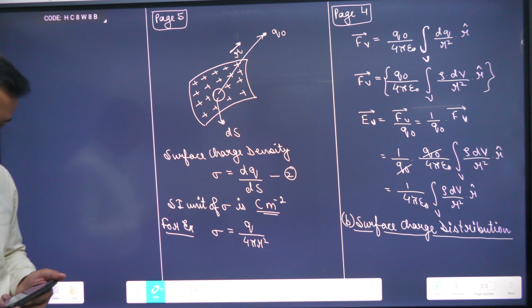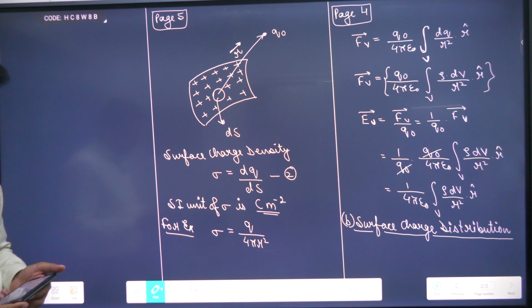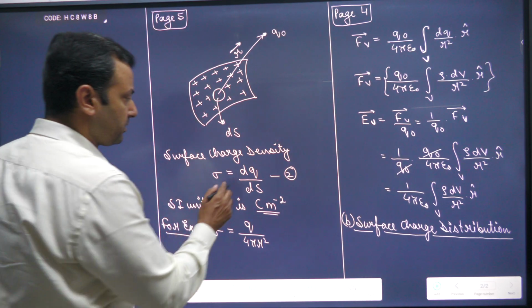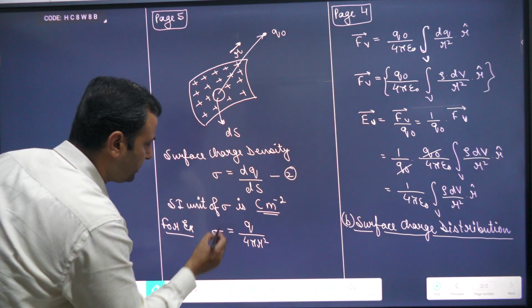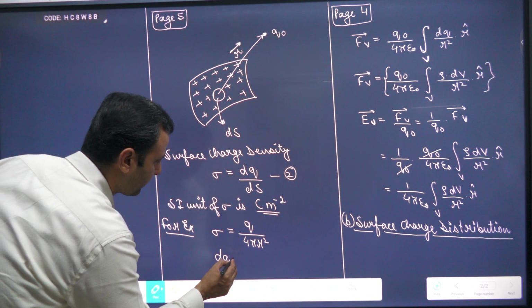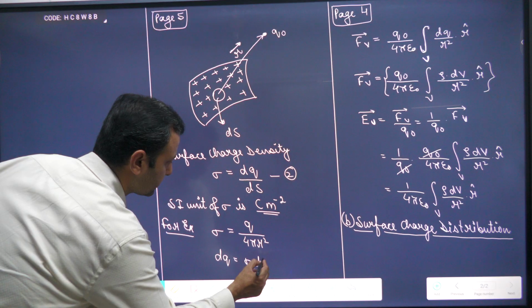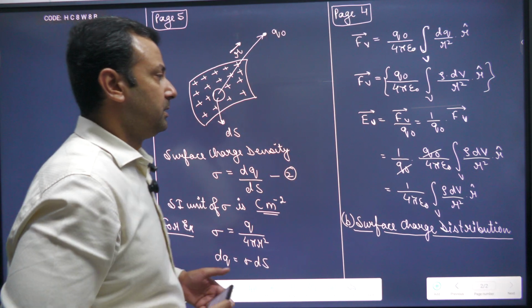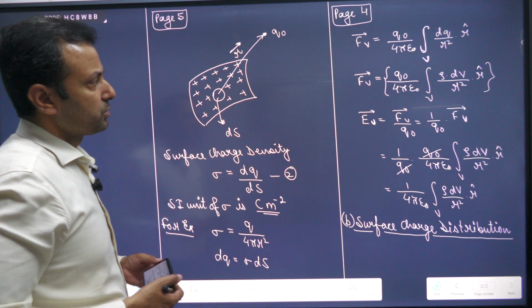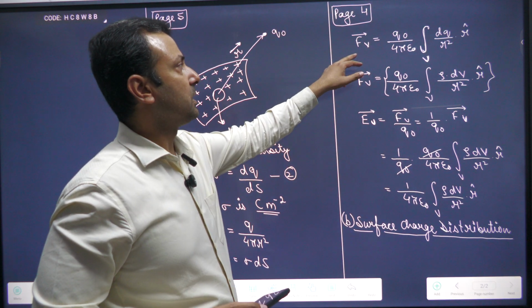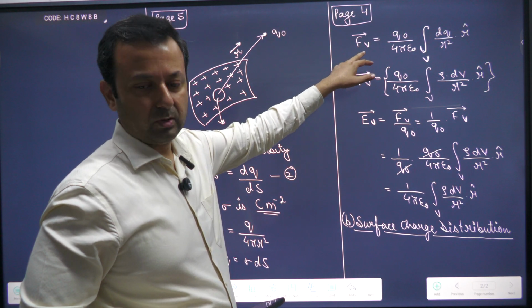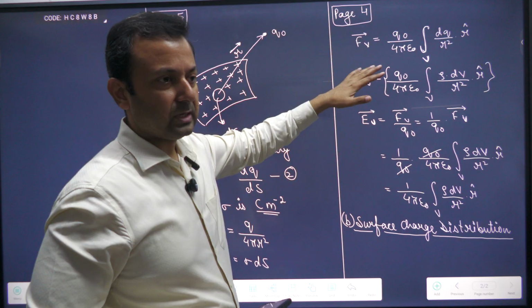Okay, all right. Then from equation 2, the charge contained in small area ds is dq equal to sigma into ds. Here we were talking about the force due to a volume charge distribution.